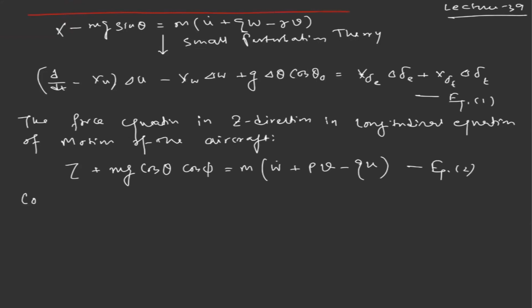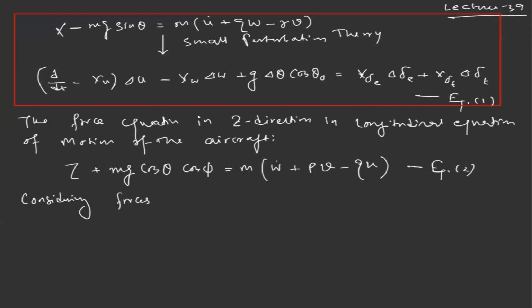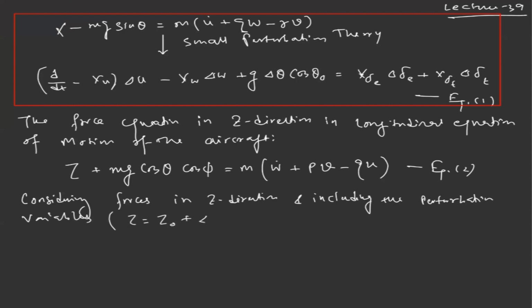Considering forces in z direction and including the perturbation variables, let me write this variable Z equal to Z naught plus delta Z, theta equal to theta naught plus del theta.